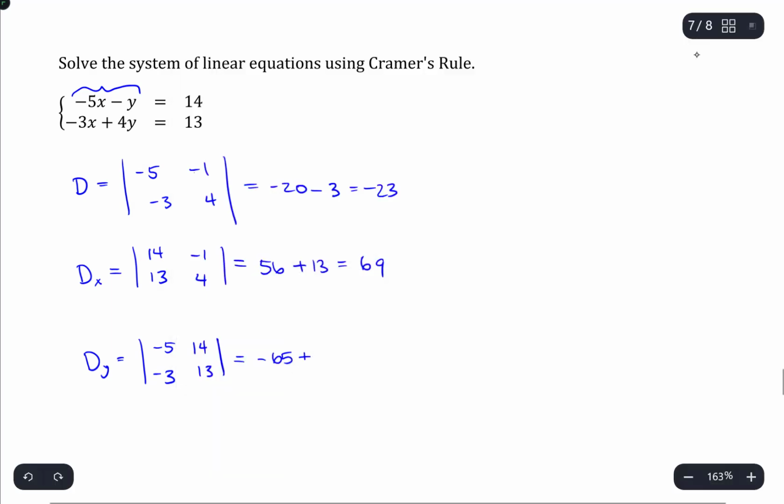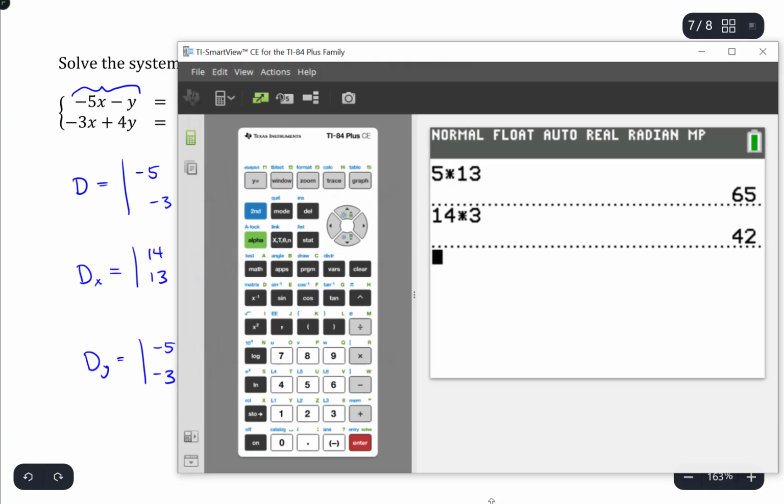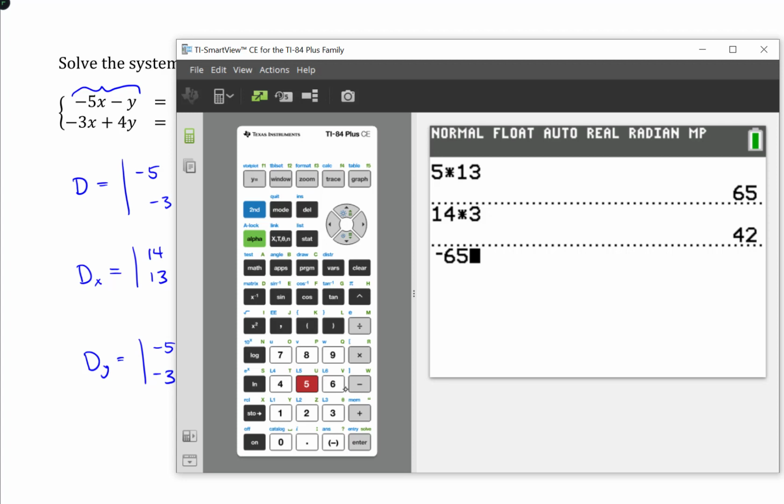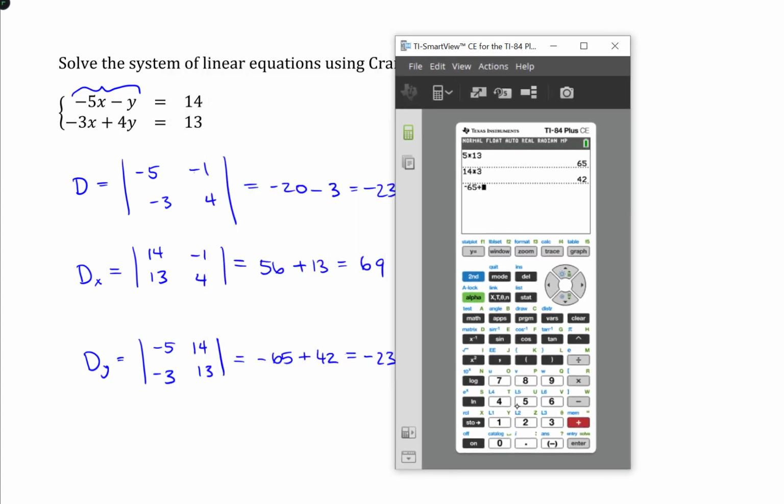So plus 42. All right, so that looks like it will be -23. I probably should double check that just to be certain. What was it? -65 plus 42. Yeah.